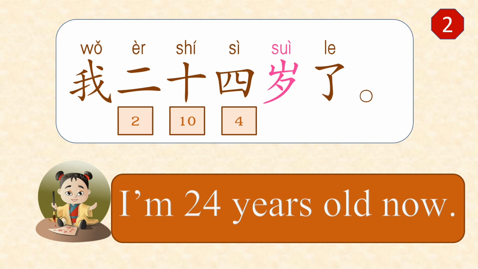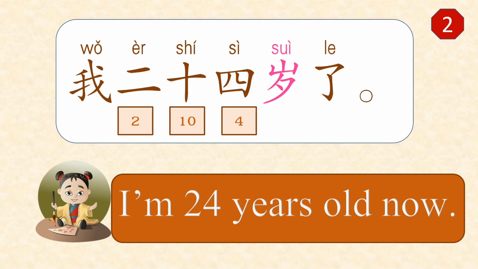I'm 24 years old now. Now you know how to say numbers more than 10. Like for example, 10 is 10. What about 11? 11 is 10 and 1, right? 11 and 12 is 12, 13 is 13, etc. If it is 20, you put 2 in front of 10. 20, 30 is 30, 40 is 40, and so on and so forth.